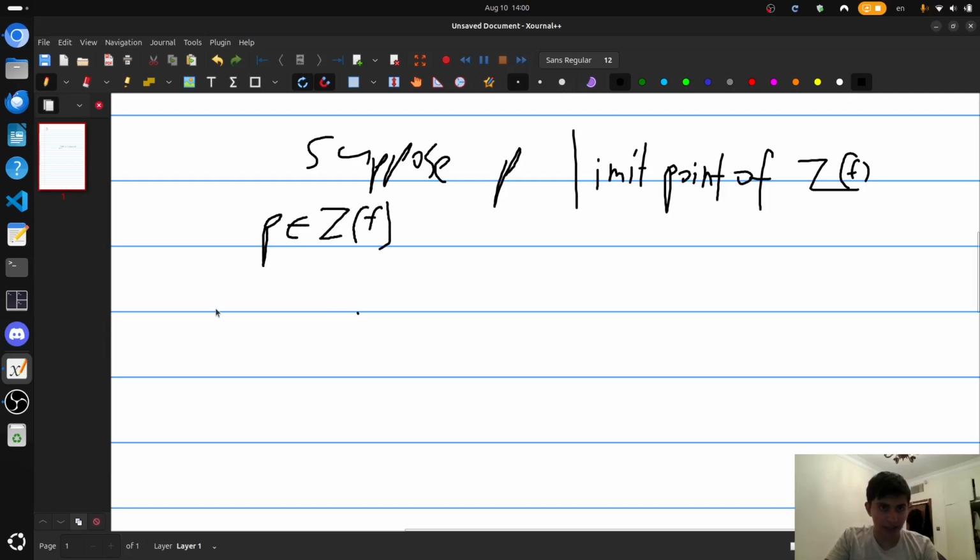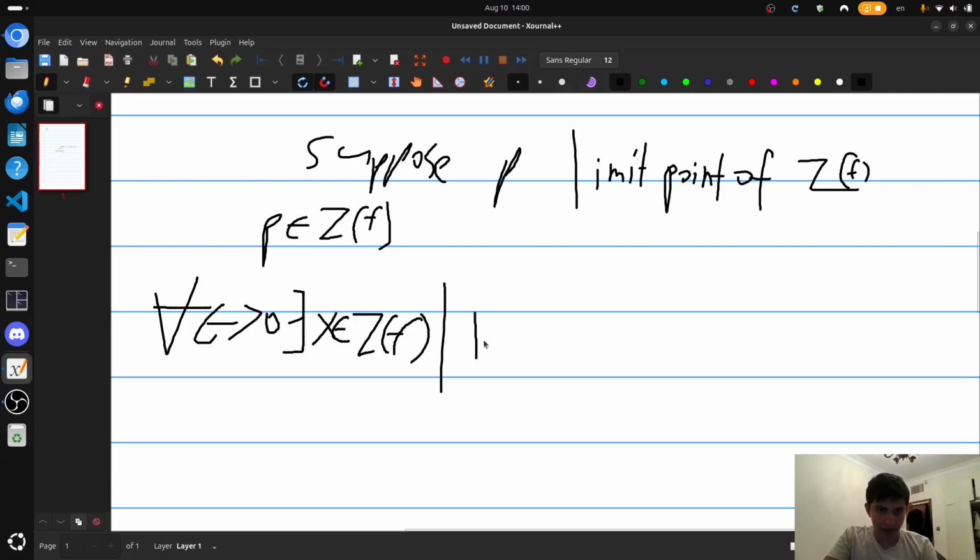Now notice, if p is a limit point, that means for all epsilon greater than 0, there exists x in z of f such that x minus p is less than epsilon.